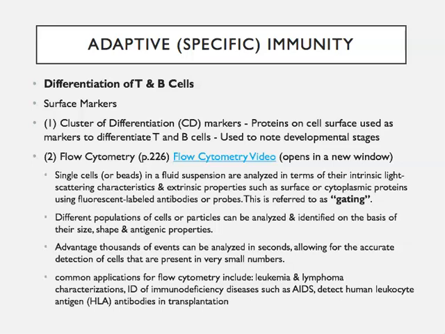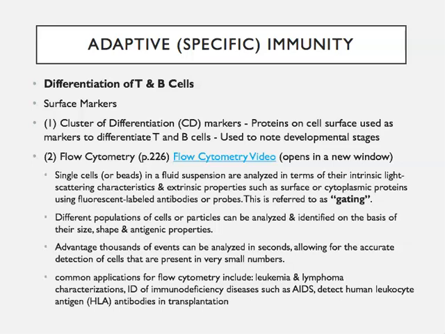That process is referred to as gating. Your forward scatter is considered an indicator of size. The side scatter is an indicator of granularity or intracellular complexity of the cell. Both of those measurements together characterize the different cell types based on their inherent properties.